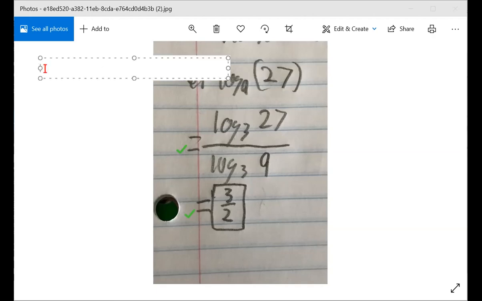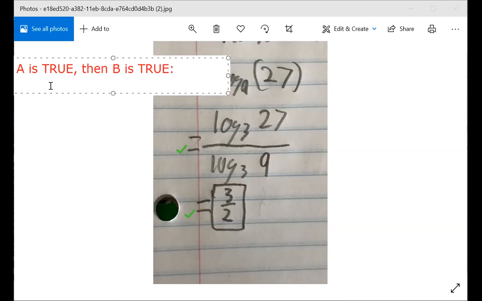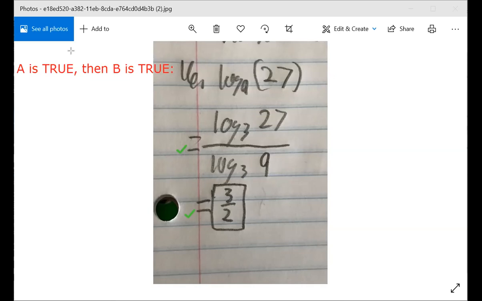If A is true, then B is true. In this scenario, we usually write A arrow B. You follow me?